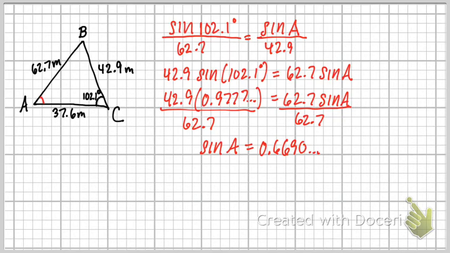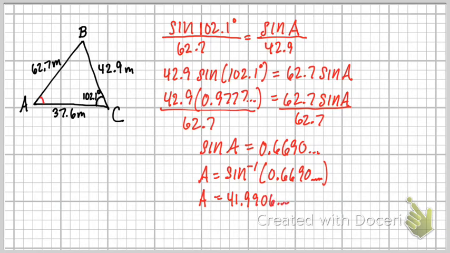So that's what we get. We take the sine inverse of both sides now. So I'm going to get A equals the sine inverse of 0.6690 and so on. And that gives us A equals 41.9906 and so on.